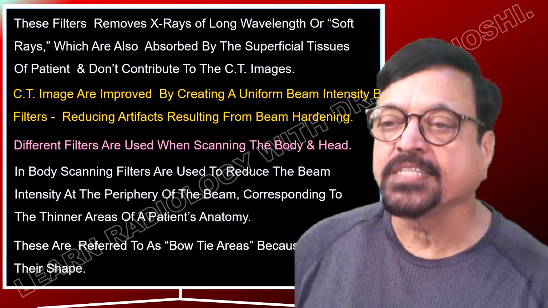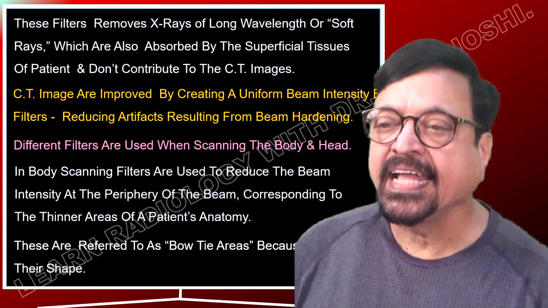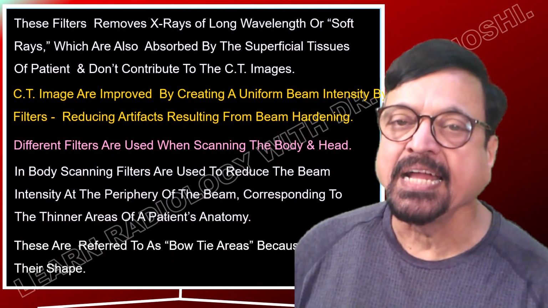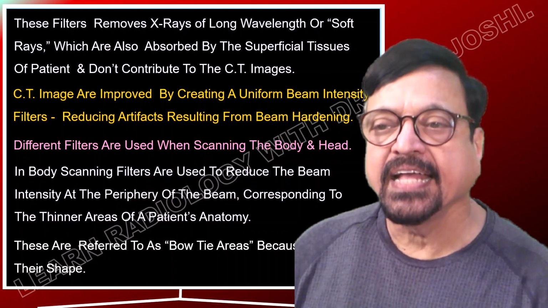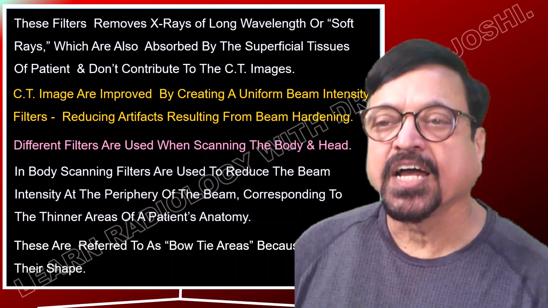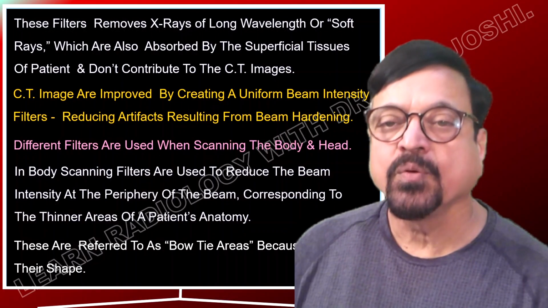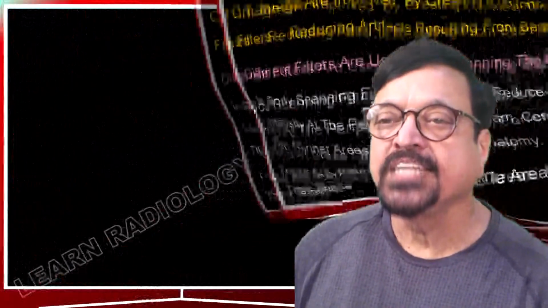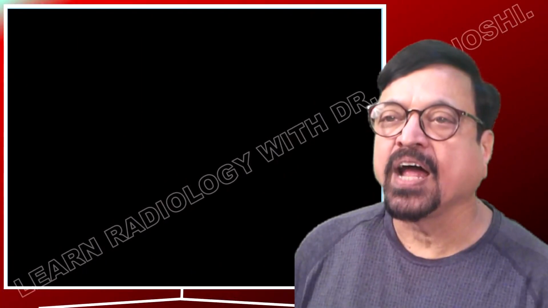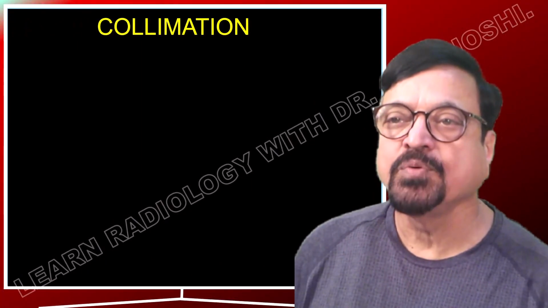These are referred to as bow tie filters because of their shape. As I told you, only the X-rays which form an image are useful; those with low energy just create fog, artifacts and haziness. We do not want them.